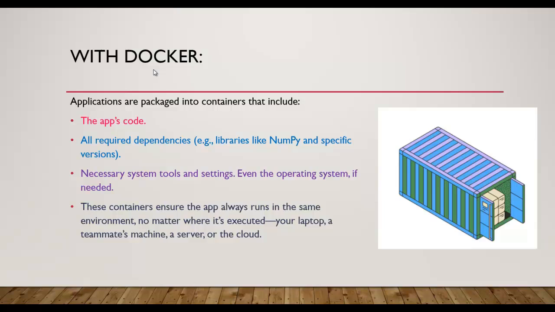These containers or boxes ensure the app always runs in the same environment no matter where it is executed. Your laptop, a teammate's machine, a server, or in the cloud. So the result: the app works consistently and reliably everywhere. You can see the scenario with Docker. Build once, run anywhere, right? So these are the advantages of using Docker for our application deployment.